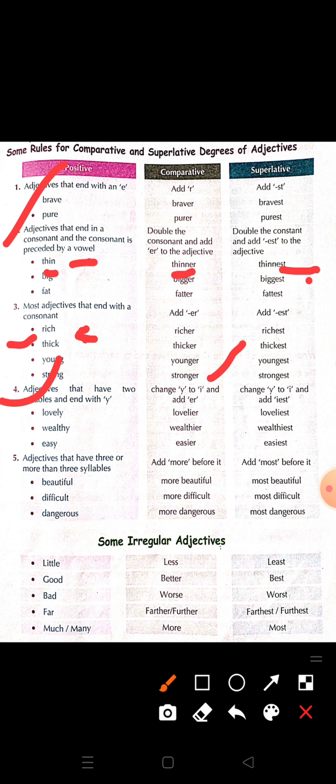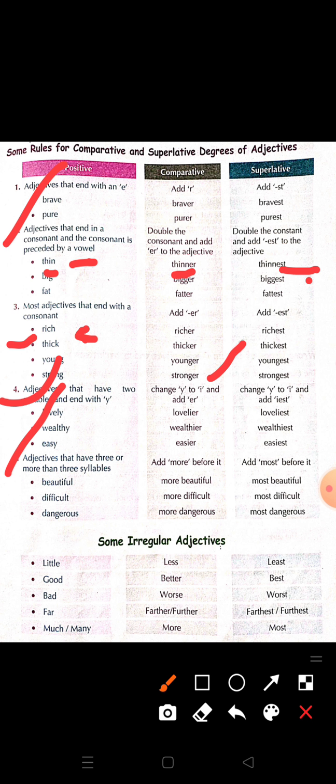Okay, and now the last one, adjectives that have three or more than three syllables. So there are some adjectives which have three syllables or more than three syllables. You have to remember this rule because it will be applicable in most of the cases. Three syllabic words like beautiful.